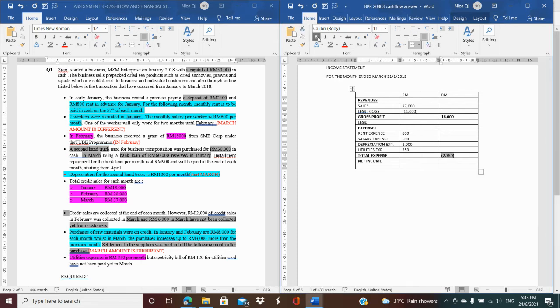So the amount is 13,250. So this is the net income for March.